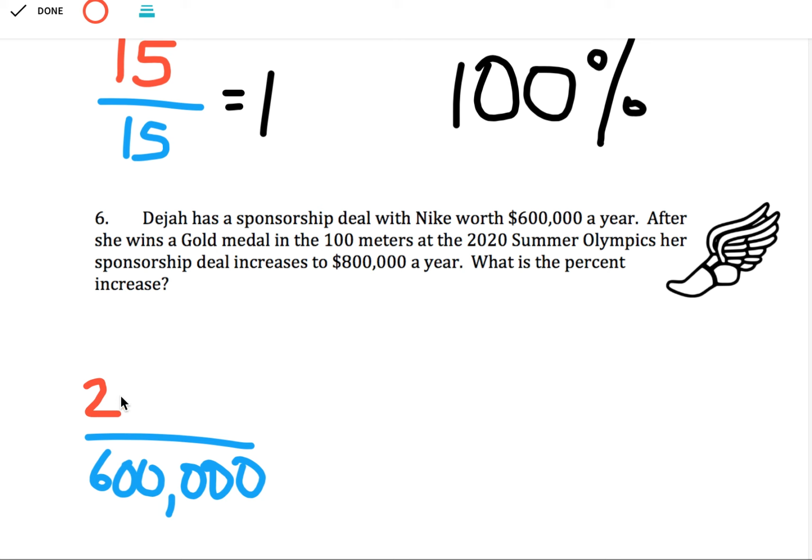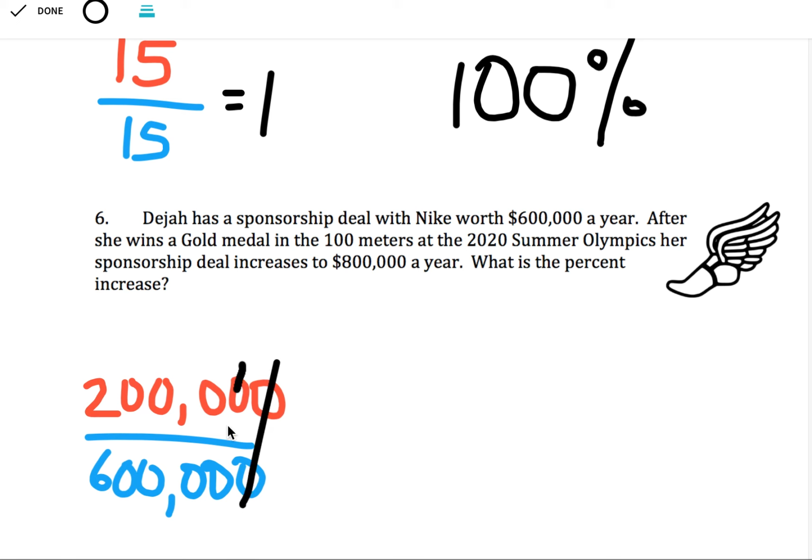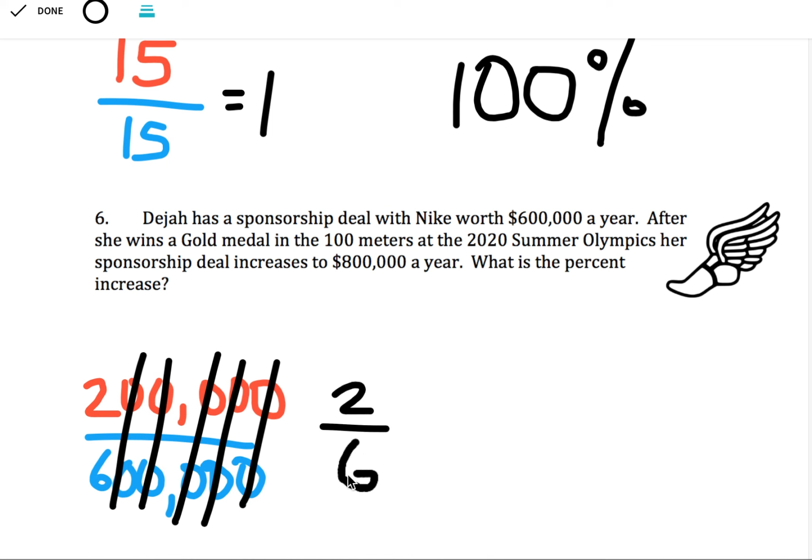So it's gone up $200,000 from $600,000 to $800,000. Now let's divide both of these by 100,000. And we get 2/6, which is 1/3, which is 33.3 repeating percent.